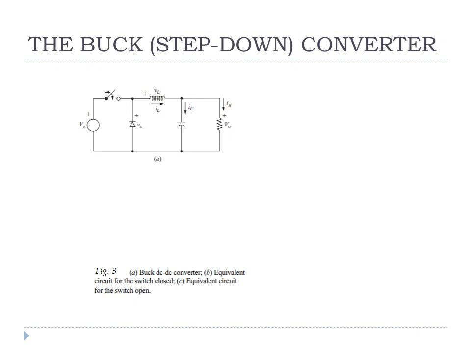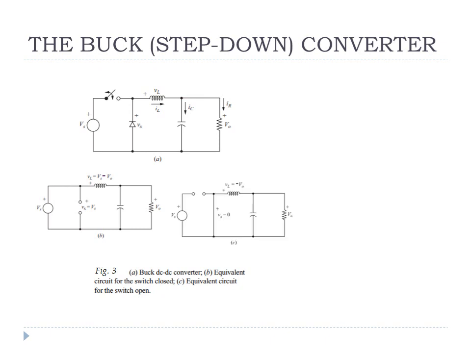So when the switch is on, that means the chopper is on, at that time Vs will provide a current through the inductor, and the inductor will store energy. The voltage drop across the inductor at this time is Vs minus V0. The diode is reverse biased, and the circuit configuration is as shown in figure 3b. When the switch is off, it disconnects the input supply voltage, and now the stored energy in the inductor is provided to the load.